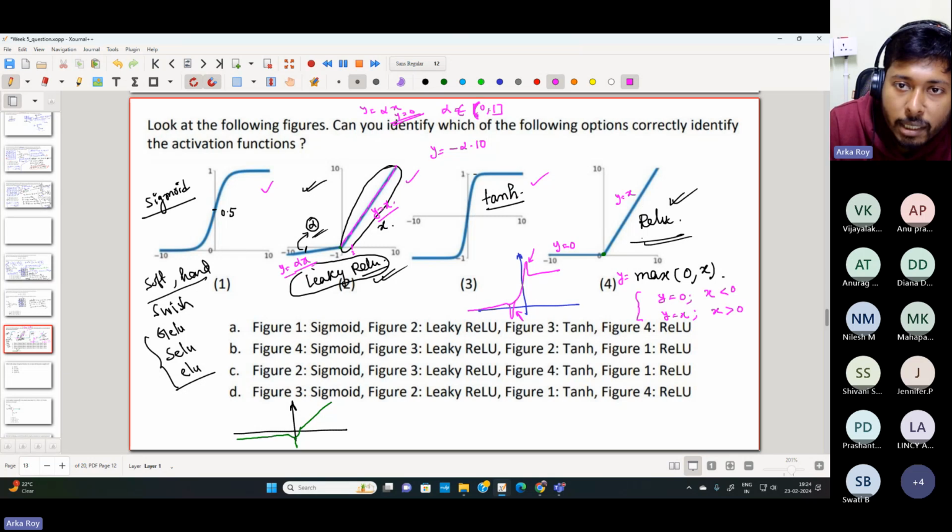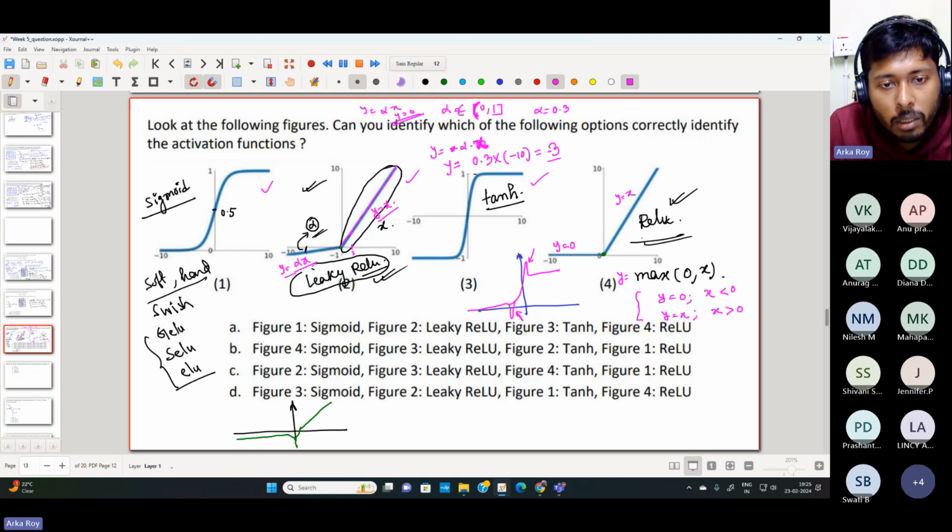If you put anything in between 0 and 1, let me take alpha equal to 0.3, so it will be alpha into x. Going to the negative side, let x equal minus 10. The value of y will be minus 3. So you will get the value in the third quadrant itself.